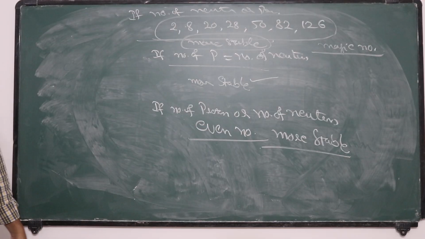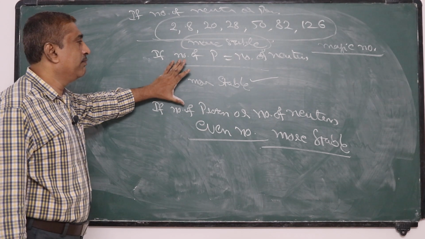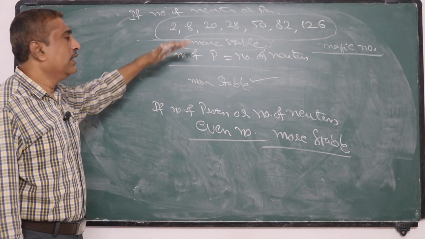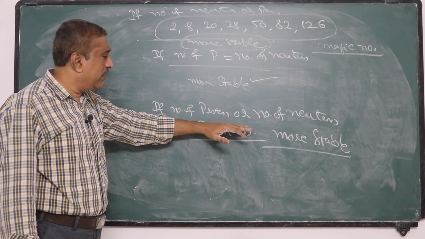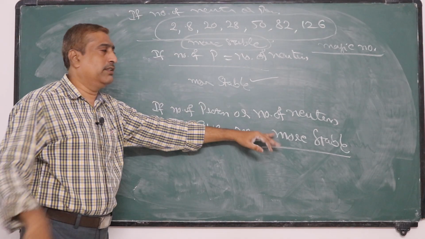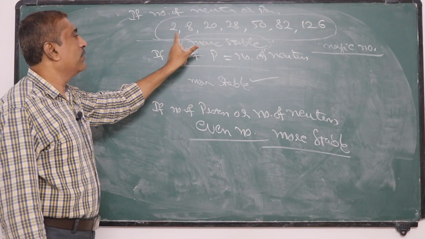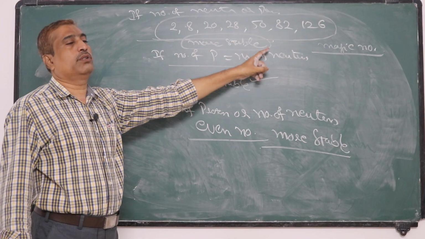The stability of nucleons depends on these three factors. If the proton-neutron ratio is 1, the nucleus is stable. Or if the numbers of protons and neutrons are even, the nucleus is also stable. And if the number of neutrons or protons is equal to any of these magic numbers, then that nucleus is also more stable.